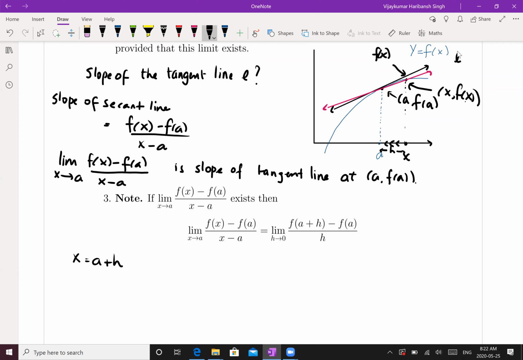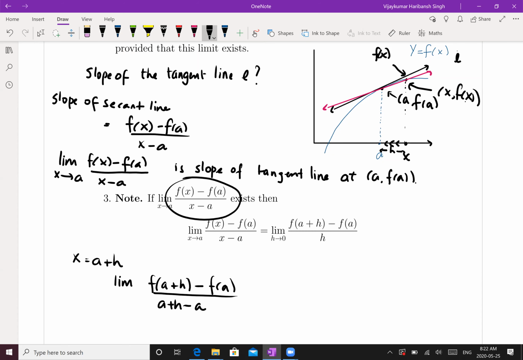In that case, we can rewrite the whole thing as f of a plus h minus f of a, divided by a plus h minus a, limit as x goes to a.